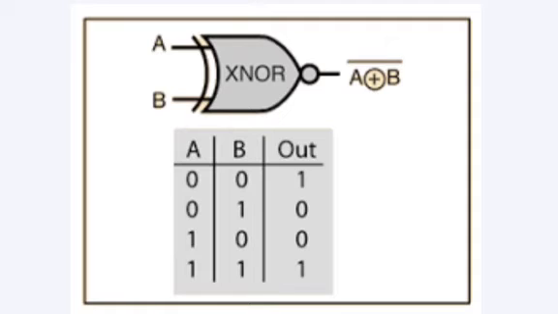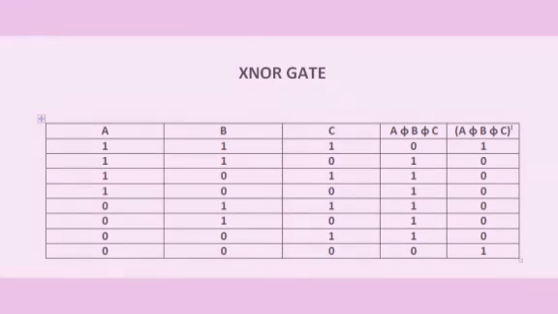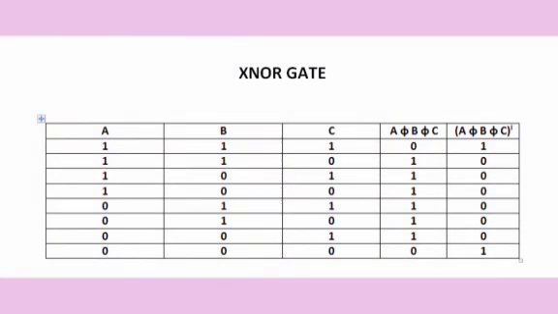Because by the time you combine an exclusive OR gate with a NOT gate, it gives you an exclusive NOR gate. Similarly, you can state the exclusive NOR gate as a gate that will produce a high output if all inputs are the same, and a low output if all inputs are different.